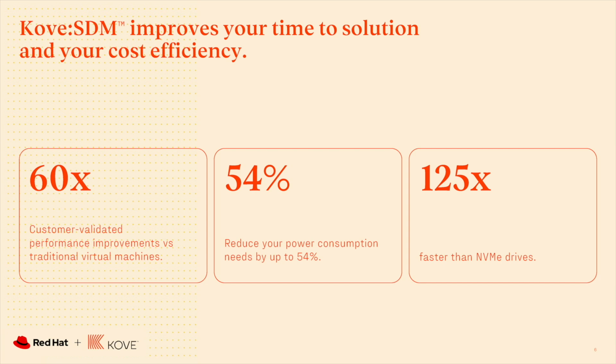It's actually 12 to 54% power reduction. There's literally no code changes. How is that possible? Well, if you can move the memory to the compute, you can buy less memory because the memory is flexible to move to the compute.